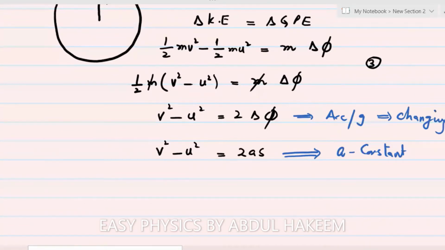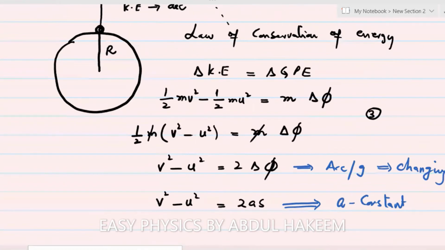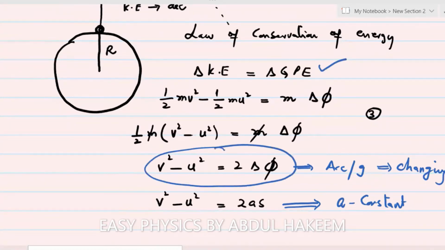Both are similar, but one is for the constant acceleration and the other for the changing acceleration. Both are similar. तो ये derivation हमें आनी चाहिए. Kinetic energy is equal to gravitational potential energy, and finally v square minus u square is equal to 2 times delta phi.